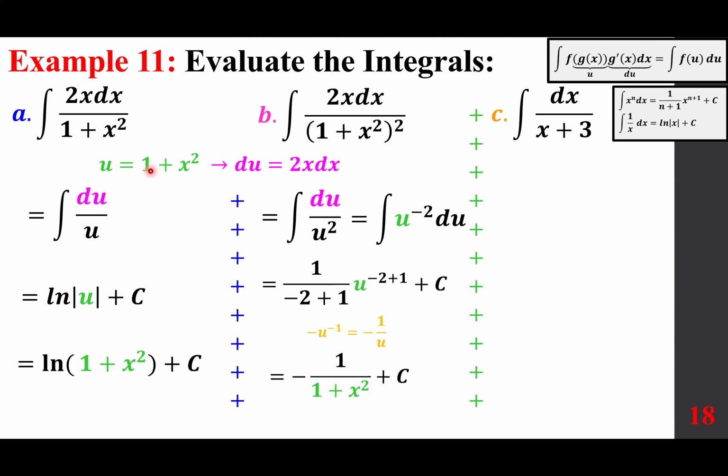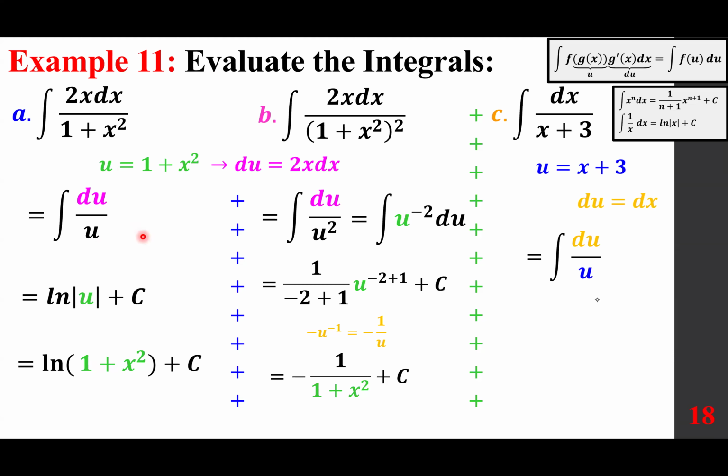This one, the integral of dx over x plus 3, again has to be done with substitution, where the choice of u is the denominator, namely x plus 3. As you know, the derivative is 1, which makes du equal dx. This is the integral of du over u, just like that.